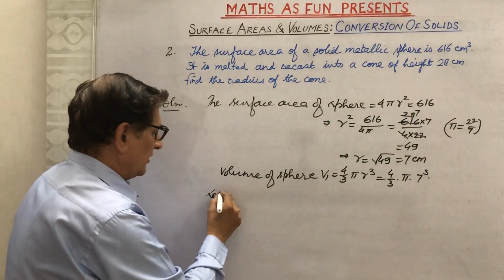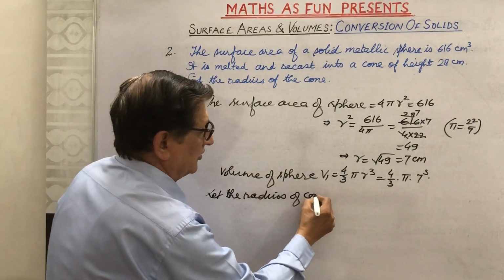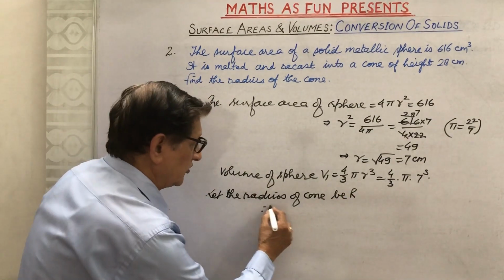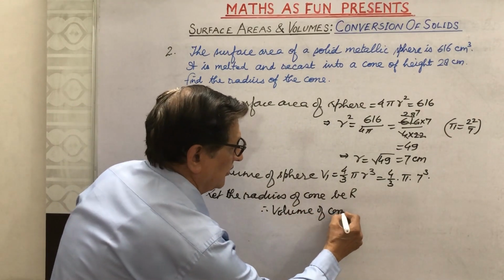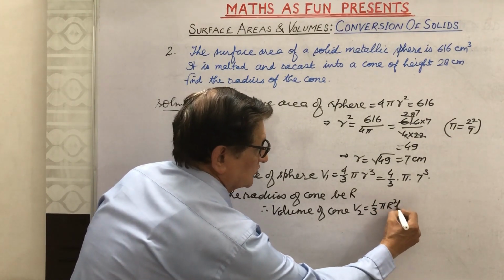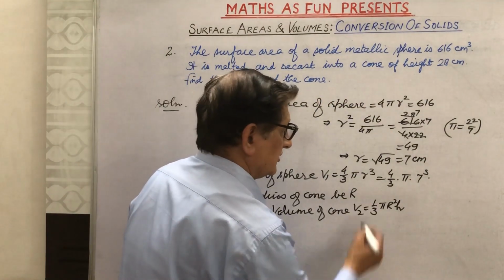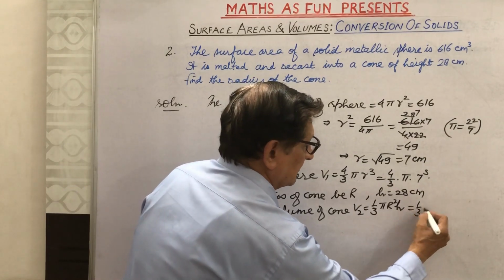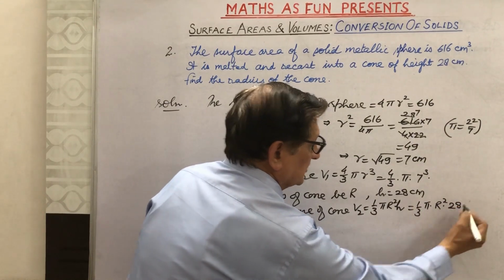So we write here, let the radius of cone be r. We know the volume of cone. So we write volume of cone, suppose it is V2, that will be 1 by 3 pi r square h. H has been given as 28. Here h is 28 centimeter given. Substituting this, 1 by 3 pi into r square into h means 28.